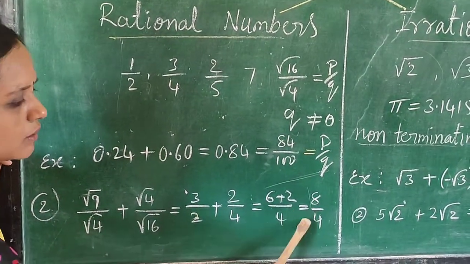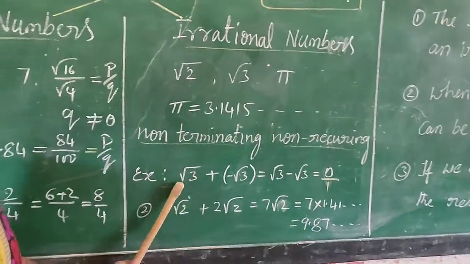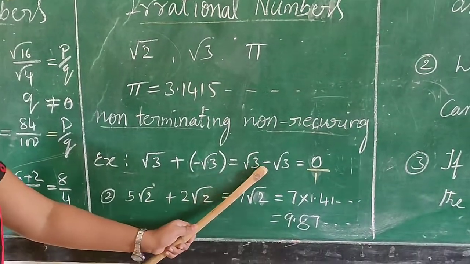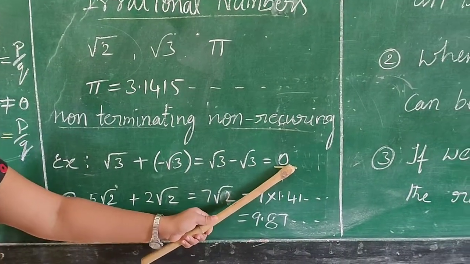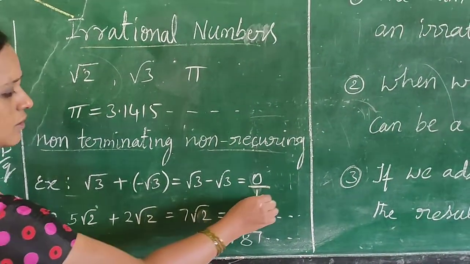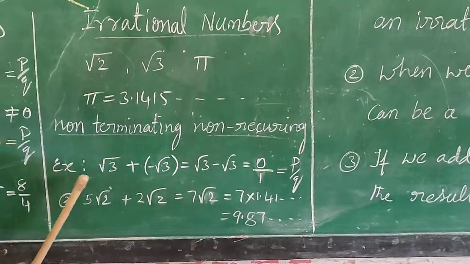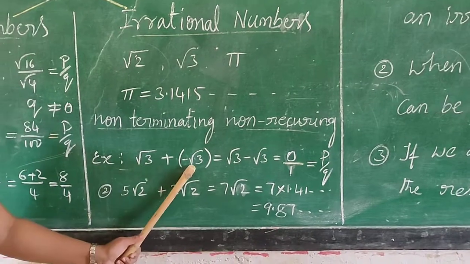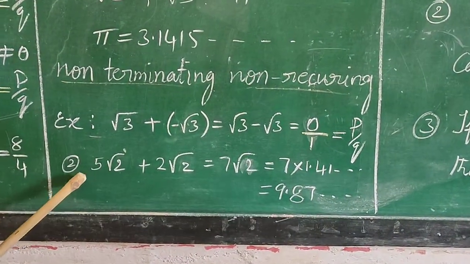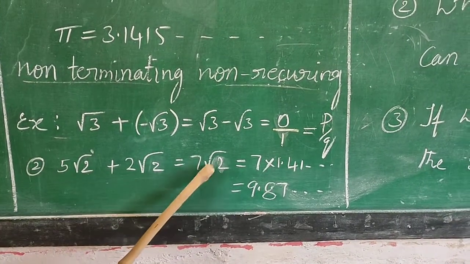This is one property. Coming to this example, here we add two irrational numbers, root 3 plus minus root 3. Root 3 minus root 3 equal to what? 0. So 0 can be written in the form of 0 by 1. It can be written as p by q. That means the sum of two irrational numbers can be a rational number. Take down another example, 5 root 2 plus 2 root 2, that is equal to what? 7 root 2.